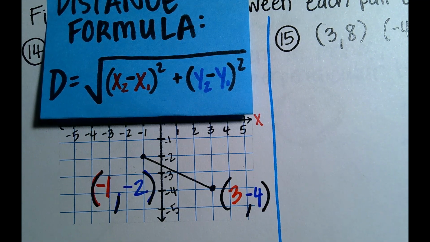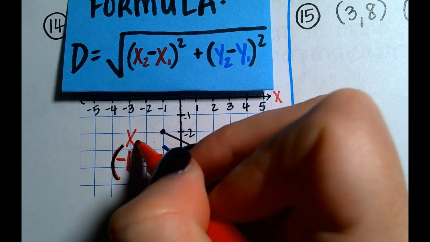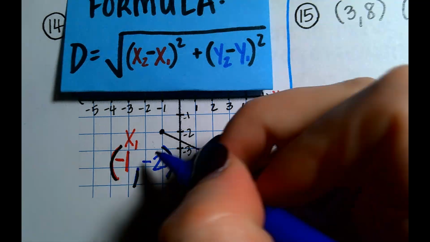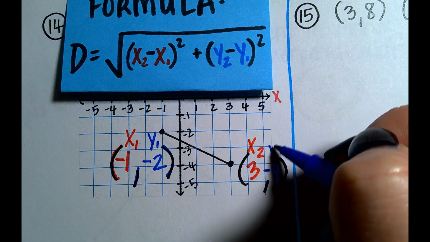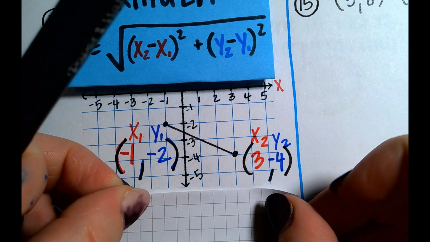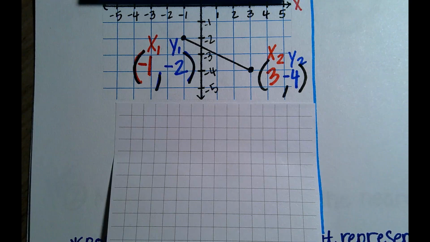Okay. So, I'm just going to plug those into my formula. I'm going to label them: x1, x2, y1, y2. And I might do this one on a sticky note.